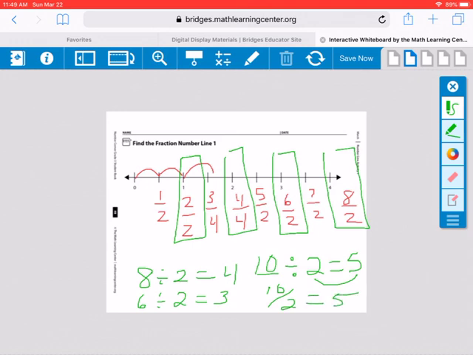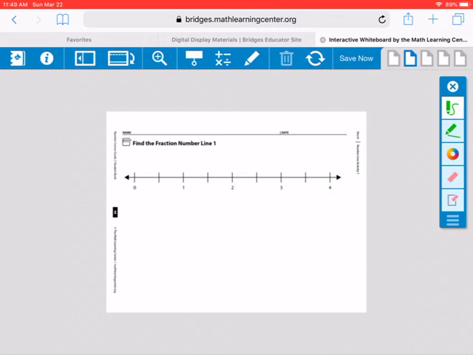Let's try another one. This time I'm going to erase the whole board. What if I wanted to find the fraction for 7? So I want to find how many halves are in 7. I could think to myself this way: what divided by 2 equals 7?